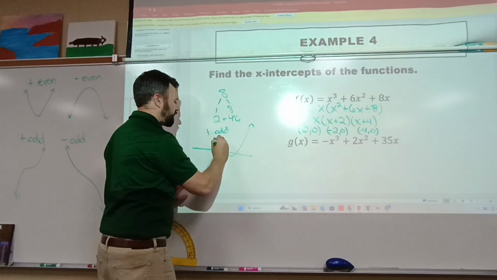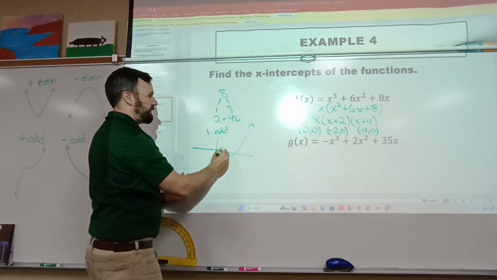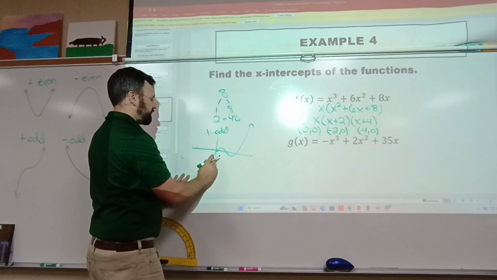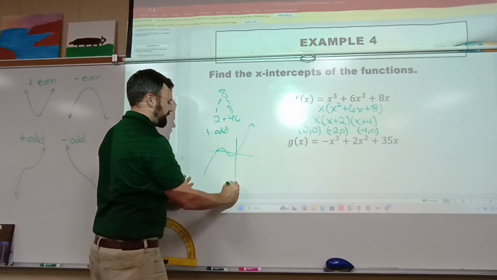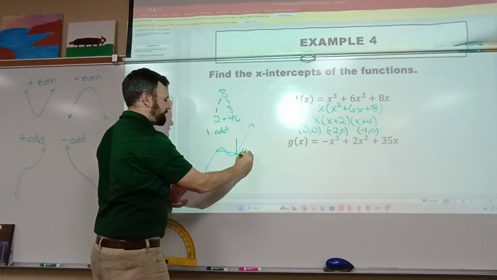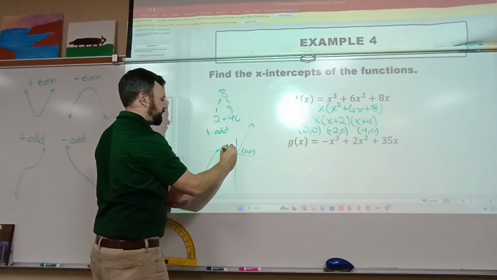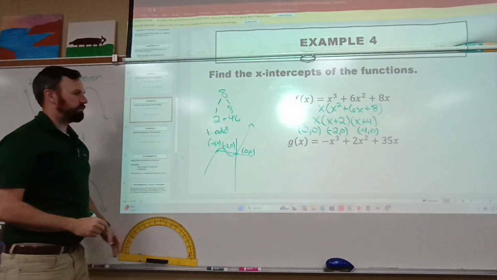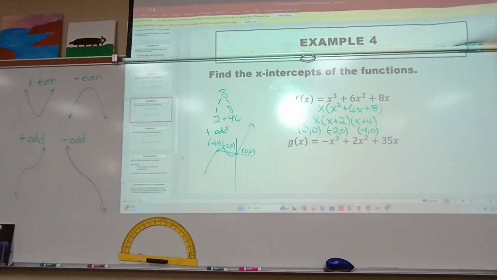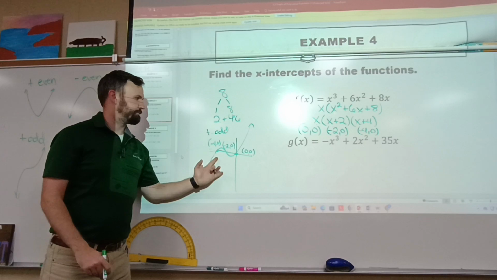To draw a general graph of this, I know that there's a point at 0, 0, right? -2, 0, and -4, 0. That's what that tells me. I could graph this now, right? I could graph this without using technology if I know the zeros and I know the end behavior. And that's why we study those two things. If I know zeros and end behavior, I know what it looks like.